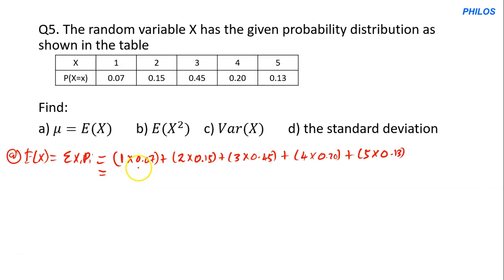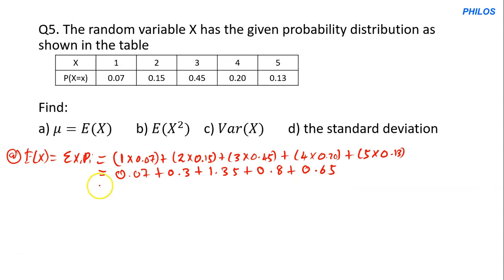So 1 times 0.07 gives us 0.07, plus 2 times 0.15 is 0.3, plus 3 times 0.45 is 1.35, plus 4 times 0.2 is 0.8, plus 5 times 0.13 is 0.65.